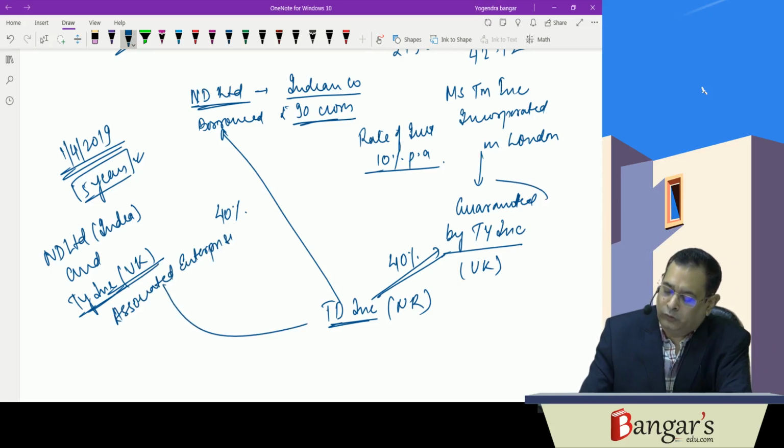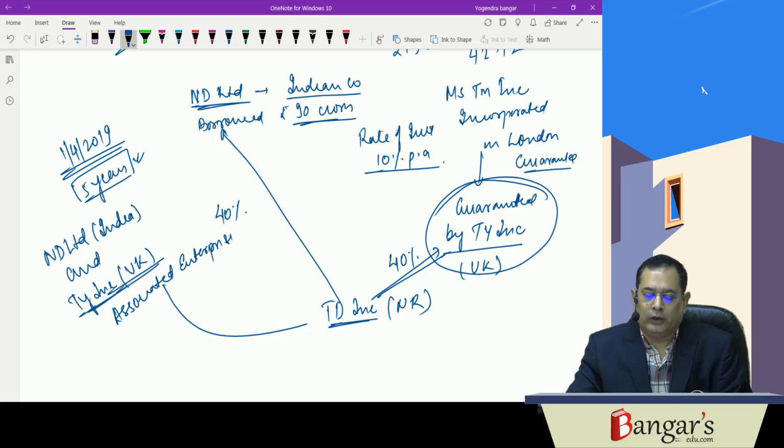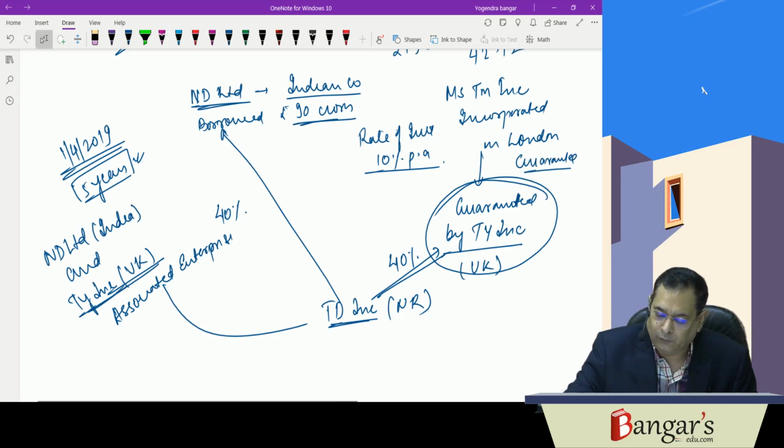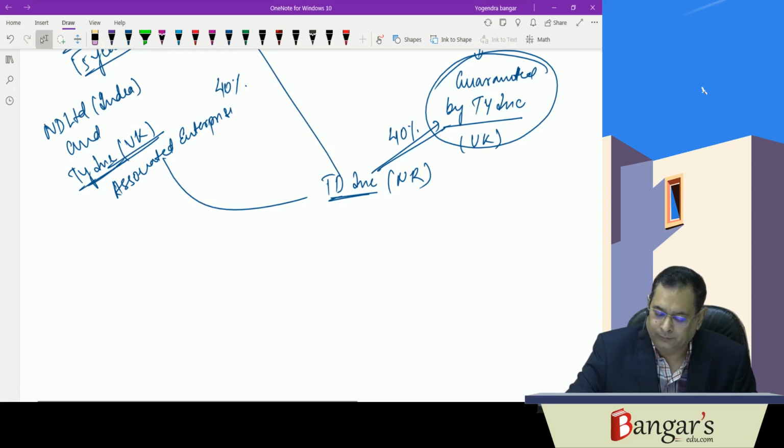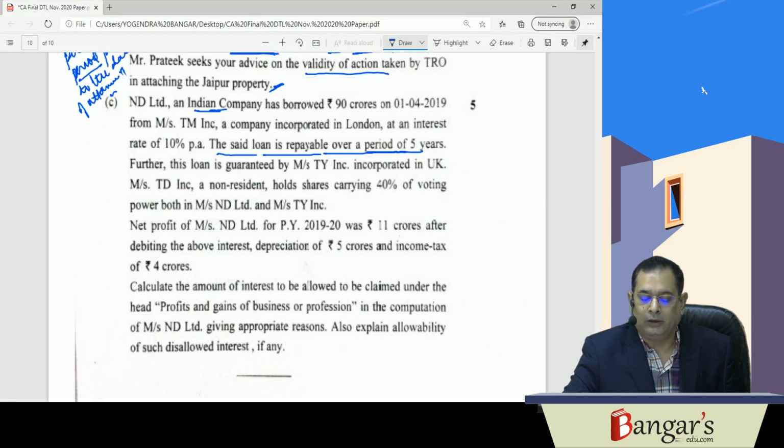Now the associated enterprise has given a guarantee to the person who has provided the loan. So here the provisions of section 94B stand attracted. As we have seen, there is a limitation of deduction on account of interest borrowed from an associated enterprise, or when the associated enterprise has given a guarantee or provided a back-to-back loan to the person who has given the money.